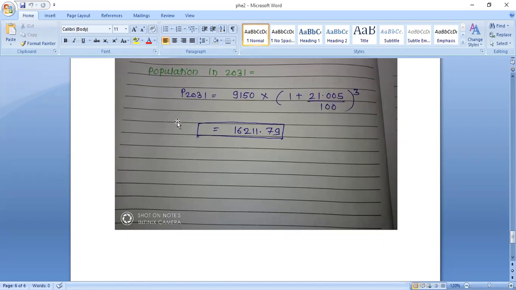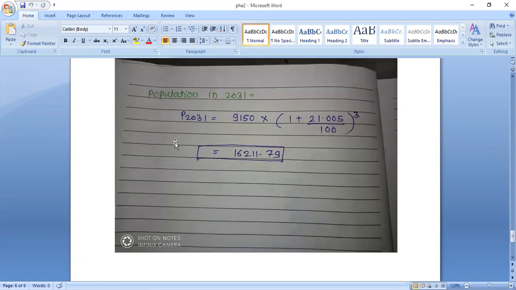N is 3. The population for 2031 is 60,211.79. Hope you all get this problem of the arithmetic increase method and geometric increase method.